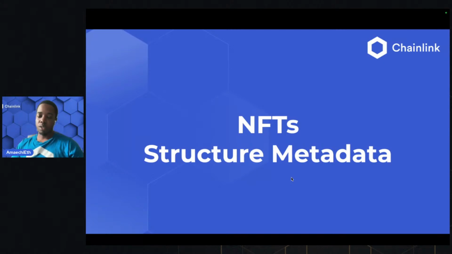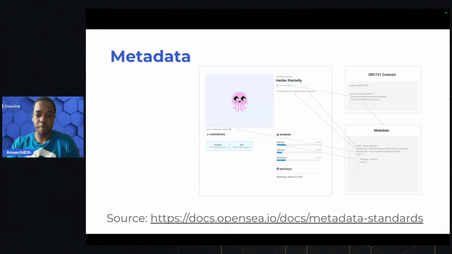So now let's get into NFTs and metadata. The NFT metadata is essentially data that is stored about that NFT. If we go into the next page, what we have here in the middle of our screen is an OpenSea interface. You can see that there's various different information about this NFT being displayed, but where is this data actually coming from?